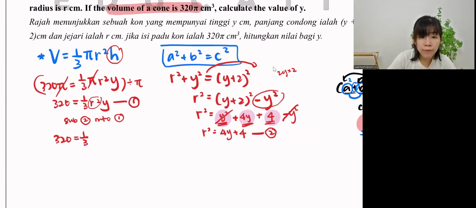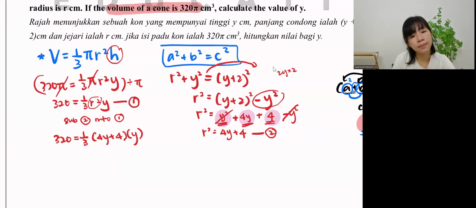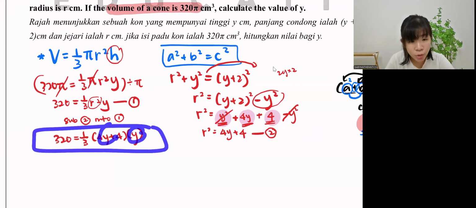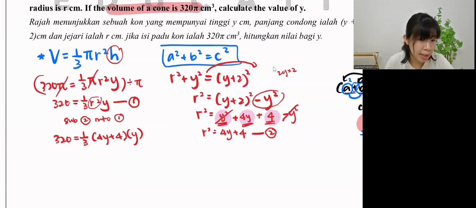The r square, we found it already, which is 4y plus 4, and then times y. Now check, one equation with only one unknown, now we are left with y alone. Then you can find y. Bring this 1 over 3 over, become times 3, easier.